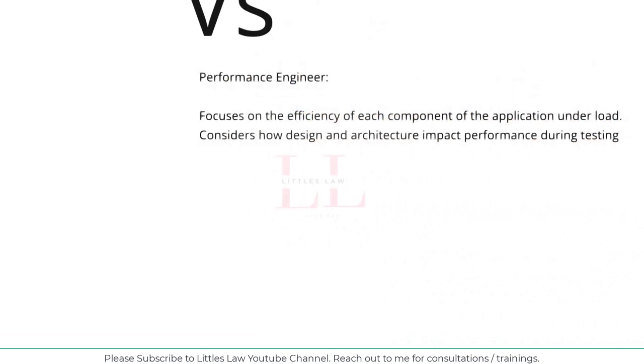The performance engineer's responsibilities include evaluating and optimizing the design and architecture of the application to ensure the performance goals are met. The performance engineer has to monitor the performance of individual components like databases, APIs, and servers under load conditions, identify any inefficiencies or bottlenecks, and implement solutions to improve the overall system performance.